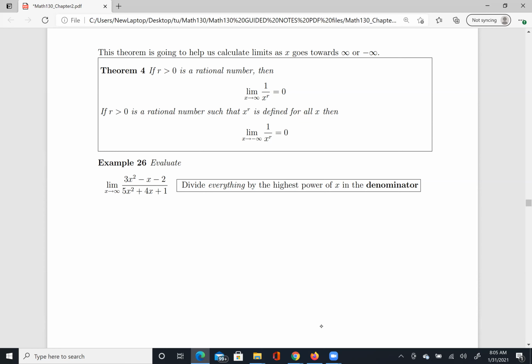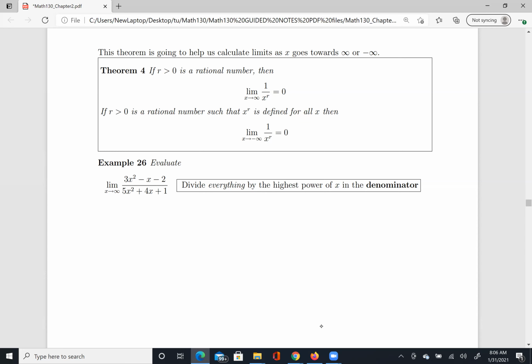A rational number includes integers plus the fractions, except the irrational numbers such as square root of 2, something like that. It will be an irrational number.